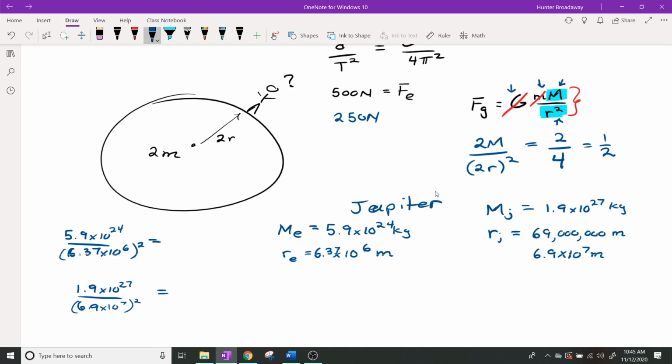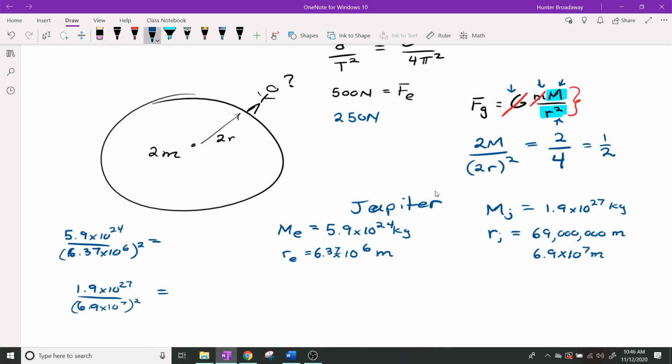So the radius squared is only a little bigger down here, but you'd be multiplying by 1,000. That means the gravitational force on Jupiter is going to be a lot stronger. Even without calculating the ratios, just by looking at the exponents, Jupiter is going to have a greater gravitational force value.